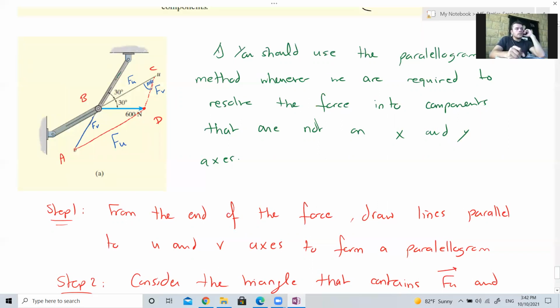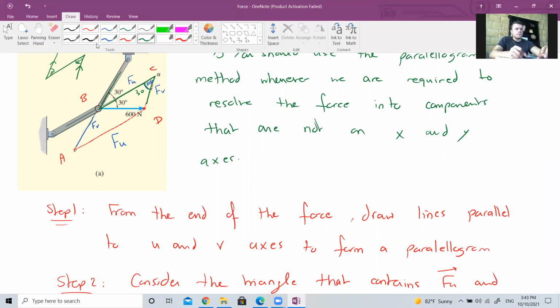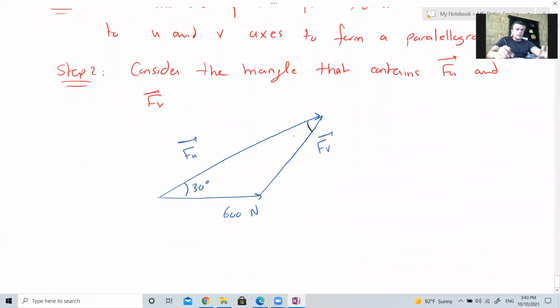Look at this. What is this angle? It is 30, because with parallel lines, this is equal to this, by the parallelogram rule. So this one is also 30.